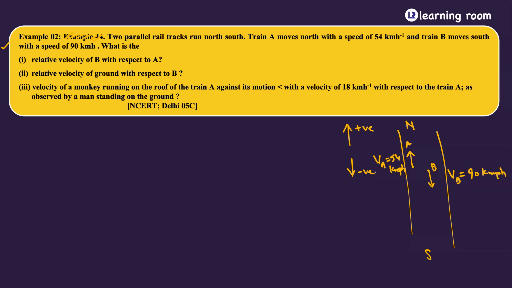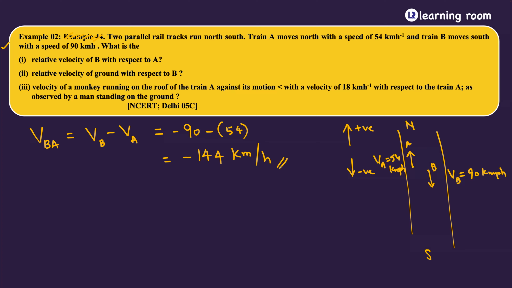You need to find the velocity of B with respect to A. It is going to be velocity of B minus velocity of A. The velocity of B is minus 90, minus is the formula, and the velocity of A is 54. So the answer will be minus 144 kilometers per hour.